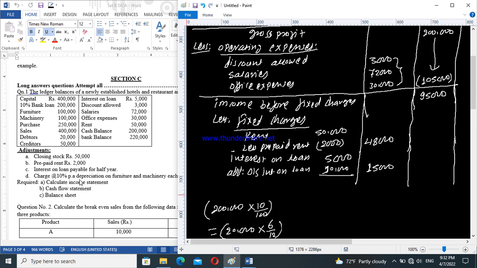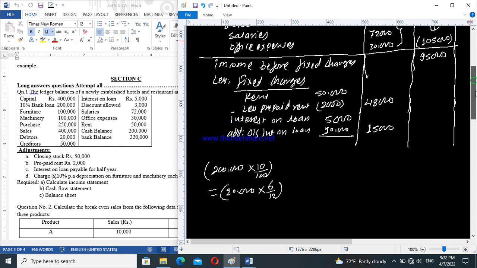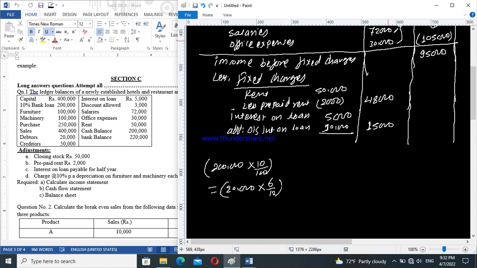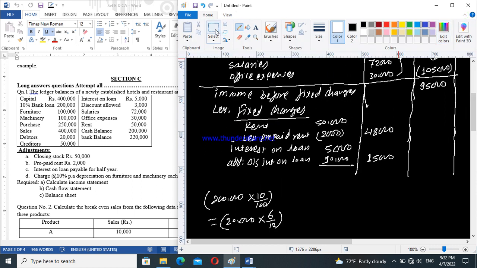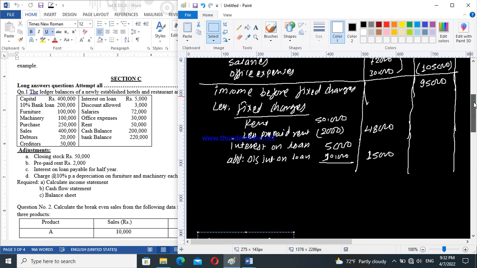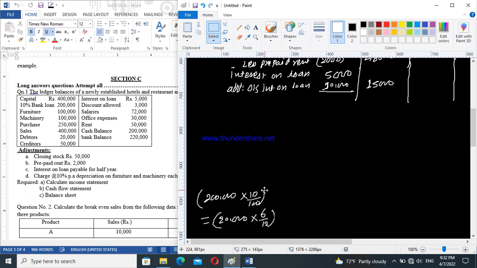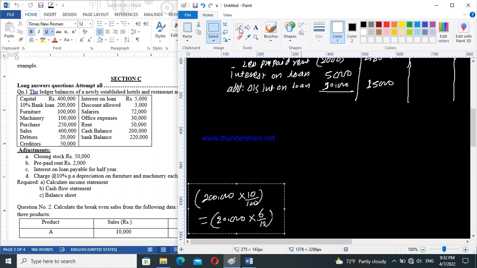Depreciation of machinery and furniture, write down over here. You can draw here and write this remaining part.